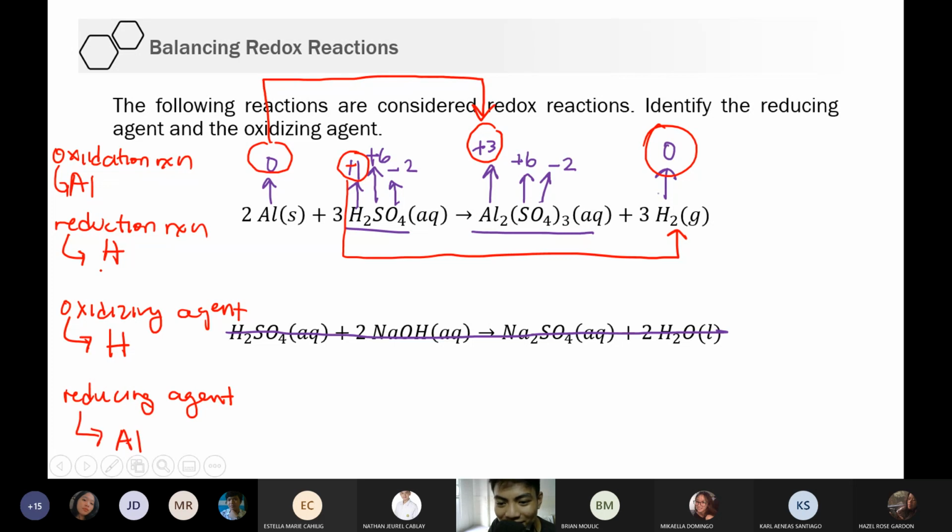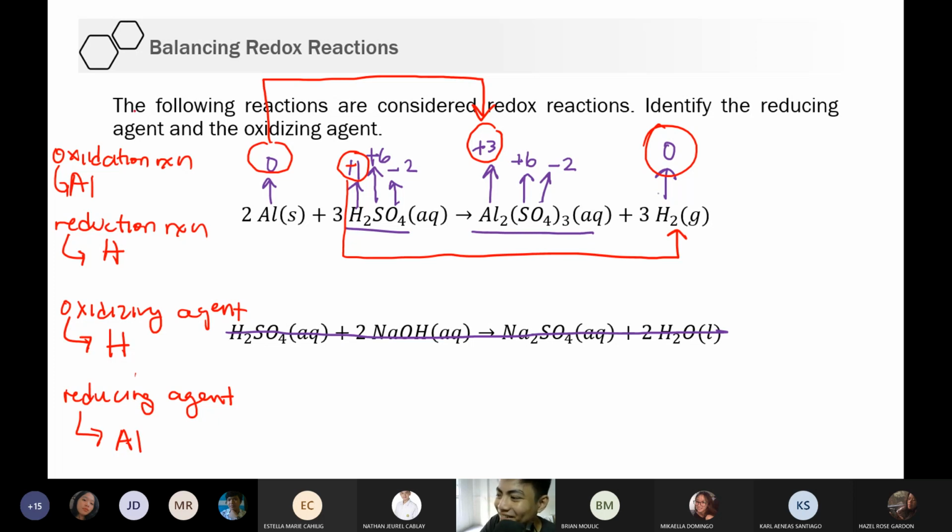Tama kayo. Aluminum, oxidation, reducing agent, yes, tama. H, reduction, oxidizing agent, yes, tama. Then, kay Louis, yes, tama din. Okay, so tama na kayo. Very good.